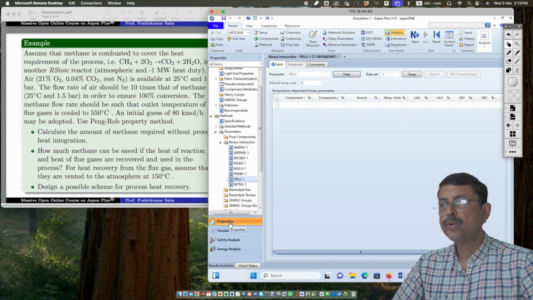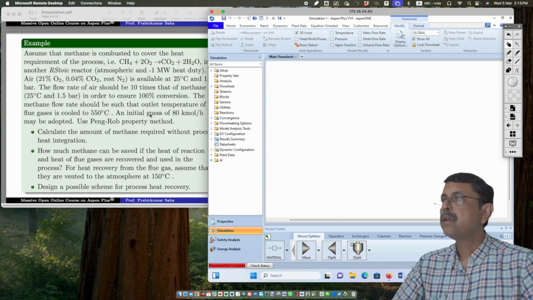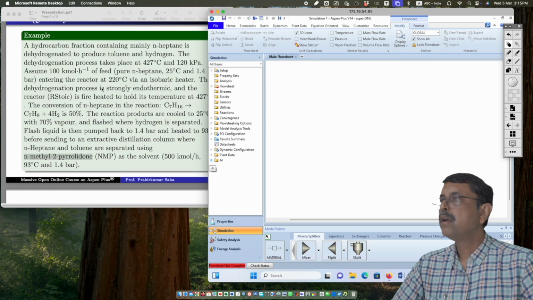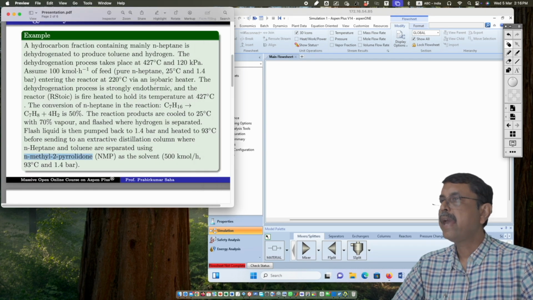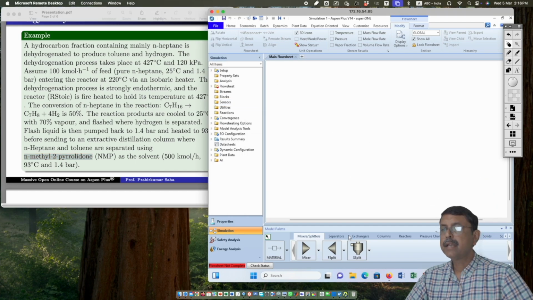Now we have to go to the simulation window. Okay. So first things first, we have to have a heater that will take the feed and preheat it to 220 degrees centigrade. So what we can do, we can take a heater from here. So this is a heater.